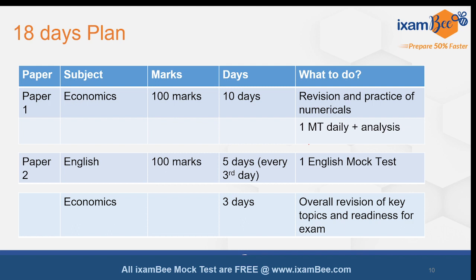Attempt at least one mock test daily. You could also write additional essay topics from the important essay topic list as available to you. You can do this every third day in between your economics, so it's not like you have to specifically give one entire day for English. You can spend half the day and then the remaining days can be spent on the revision of economics paper.